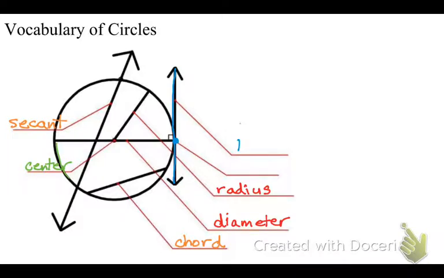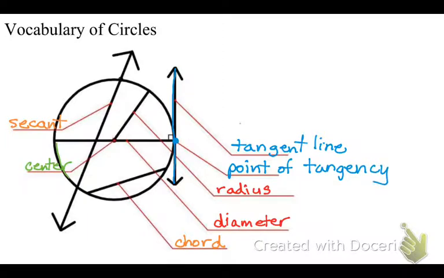And this line is called the tangent line. And this one single point where it touches is called the point of tangency.